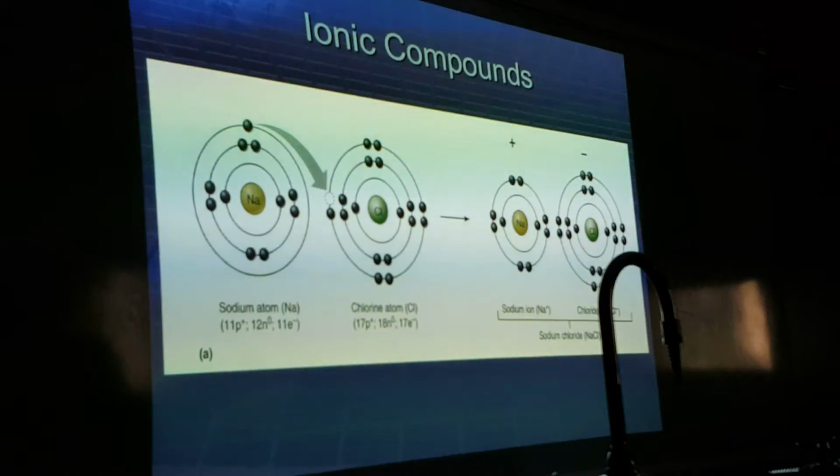Okay, so the sodium's +1 because you want the charge of the overall molecule to balance. You can't have extra positive or negative charge hanging around because it won't have anything to stabilize it. So this is a real simple ionic compound, sodium chloride. They go together 1 to 1.